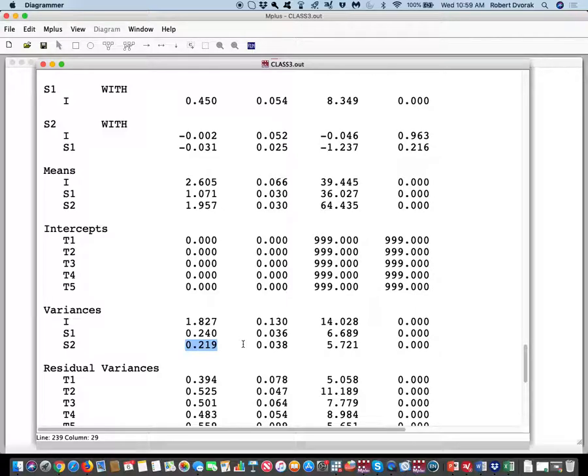In this case, you'll have time 1, time 2, time 3, and time 4 of x, and time 1, time 2, time 3, and time 4 of z, okay? We're going to have an intercept, intercept, slope, slope.